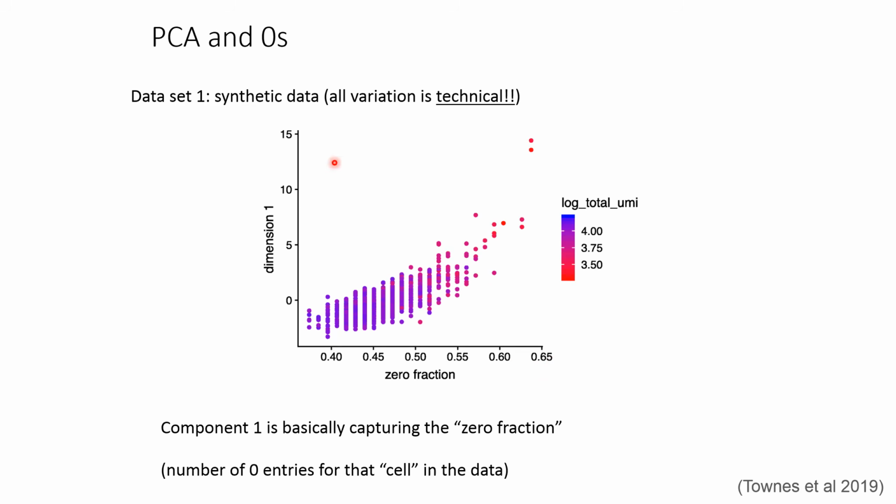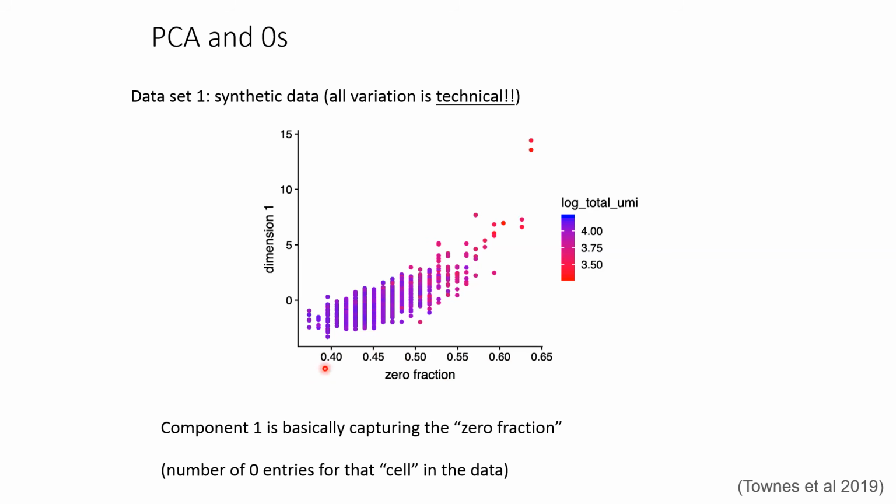So here the y-axis is the first principal component, or the direction of maximal variance in the data. And the x-axis is the 0 fraction, or the number of 0 entries for each particular cell. And each dot represents one droplet or fake cell represented in PCA space versus just the proportion of 0 counts per UMI.